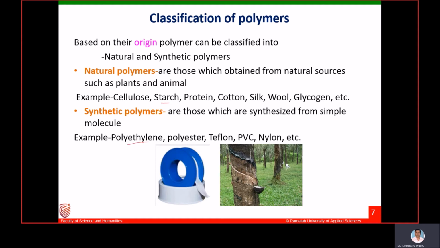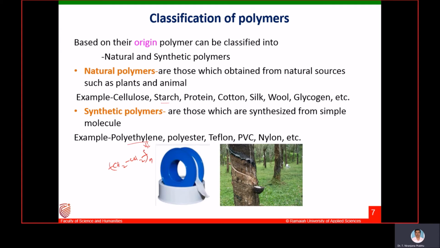I gave the example of polyethylene: CH2=CH2 giving rise to CH2-CH2, with the chain growing, CH2, CH2, shown like this. This is polyethylene, simple. Polyester, Teflon, then polyvinyl chloride, nylon, polypropylene. We can give a good number of examples for synthetic polymers.